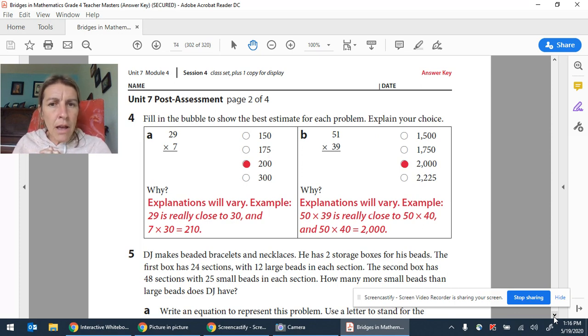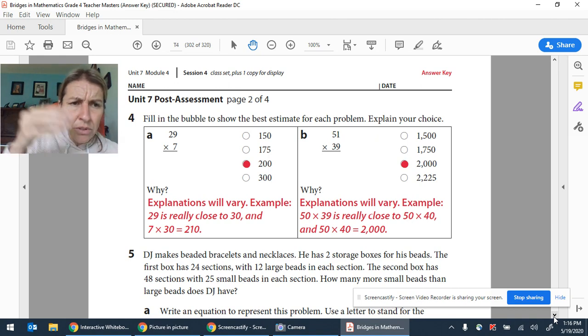For you guys, the best estimation is going to be 200. Why? Because with rounding, zeros and fives are always friendly to work with. So it looks like they rounded 29 to 30. So they took 30 times 7, and got 210. So the closest estimation would be about 200.